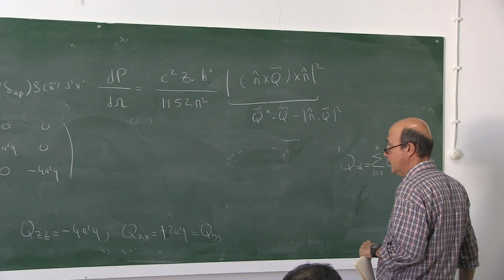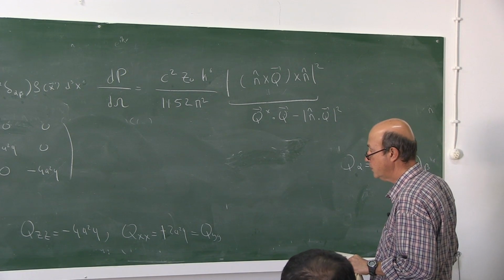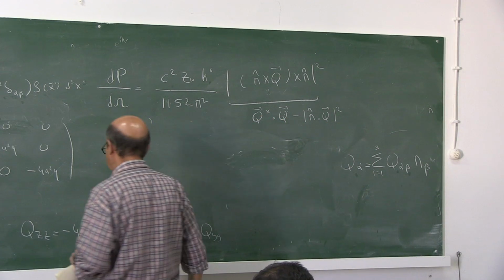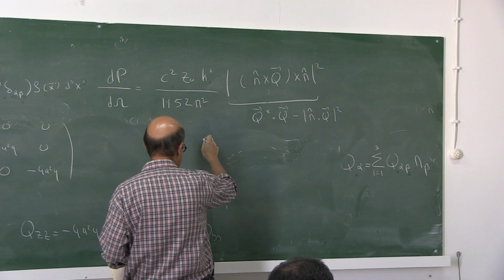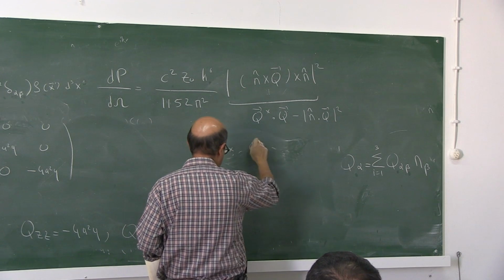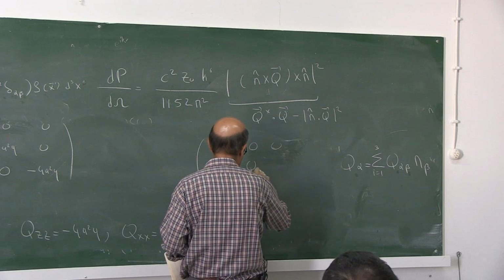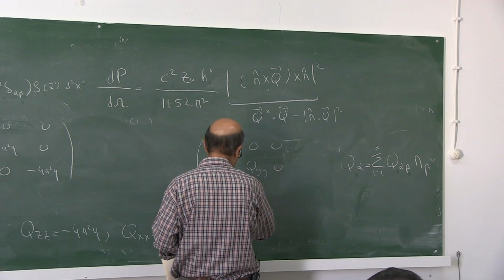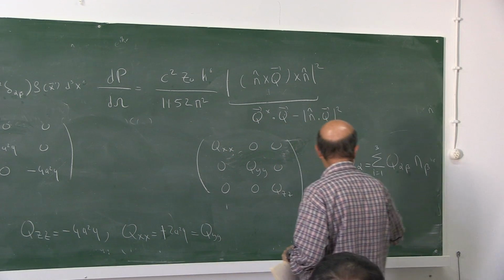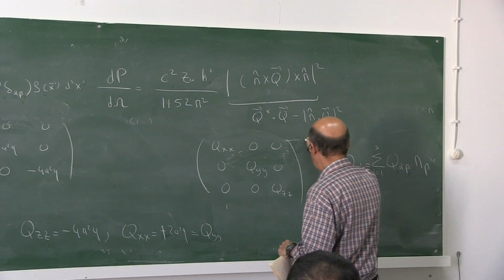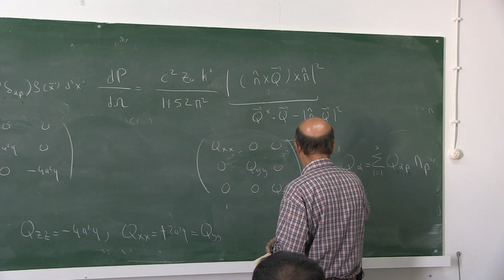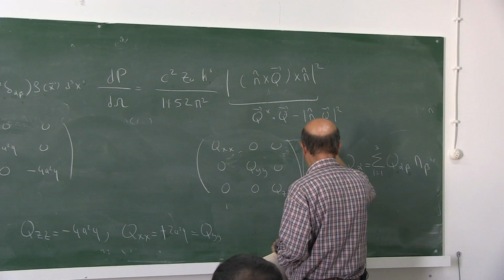Actually, I could write this more clearly in the following form. What I need to calculate, I think I don't have time to do, is the Q alpha. In order to calculate Q alpha, I need Qxx, I have it, Qyy I have, Qzz I have. And summing up with n beta means that is a column unit vector nx, ny, nz.